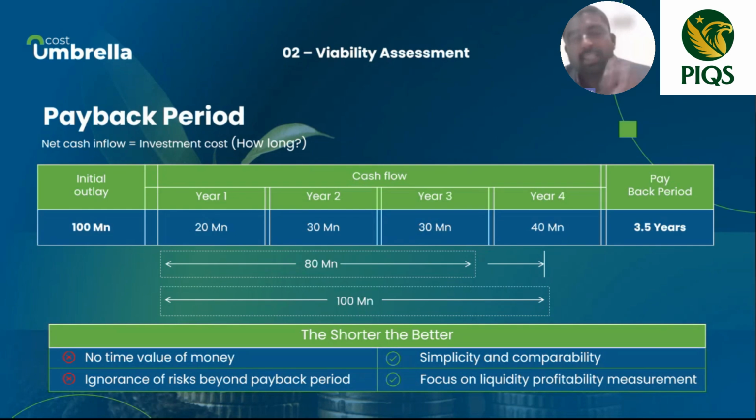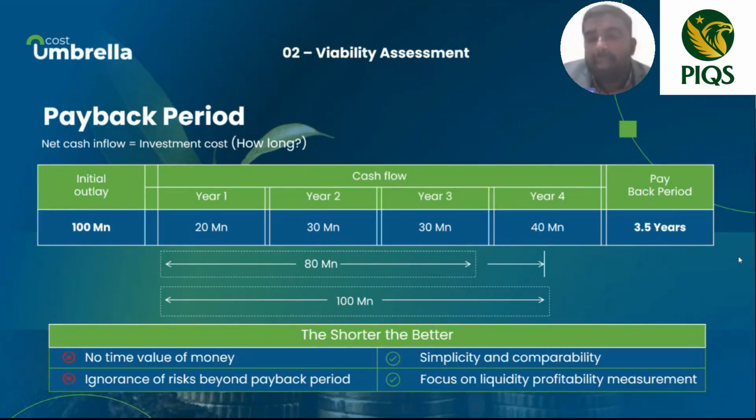For example, let's assume one project, same example, 100 million: year 1, 10, year 3, 50, year 4, 100, right? That means the payback period is high, 4 years, but it gives you more profit.